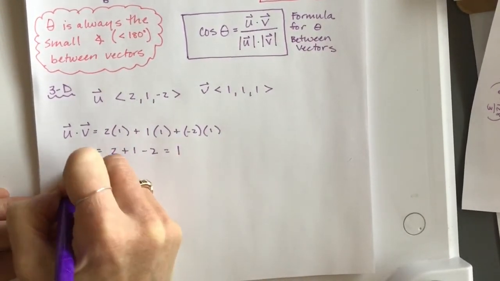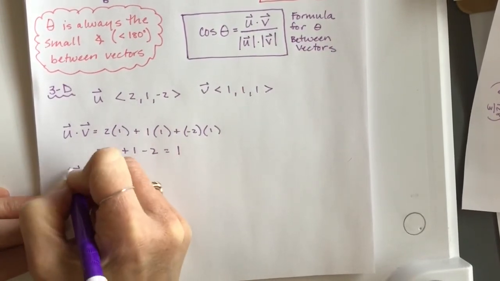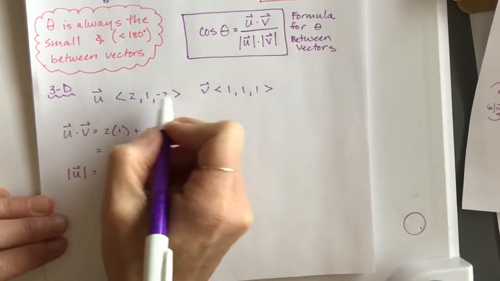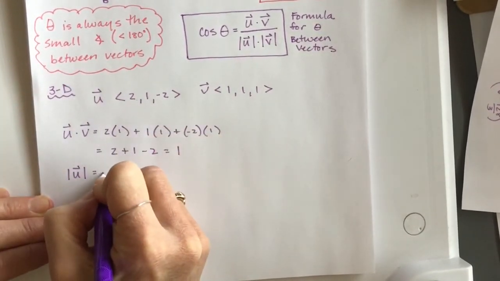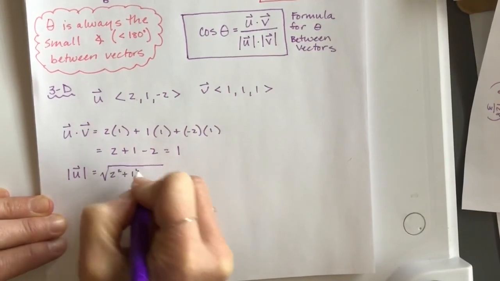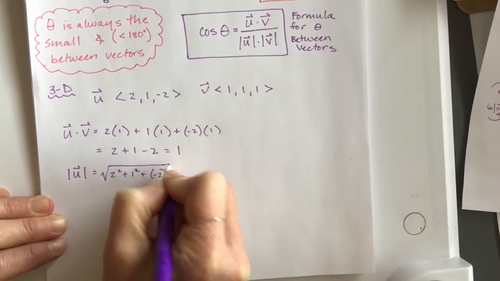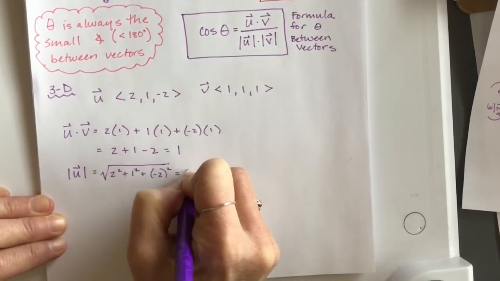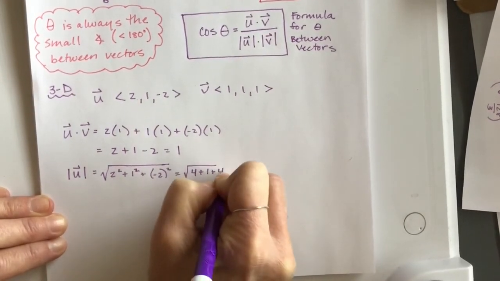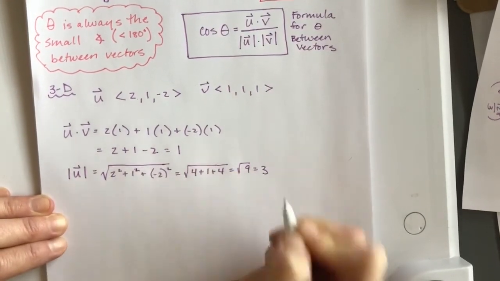Then we've got to figure out the magnitude of u, which is adding the squares together and taking the square root. That's 2 squared plus 1 squared plus negative 2 squared, so the square root of 4 plus 1 plus 4, which is the square root of 9, which is 3.